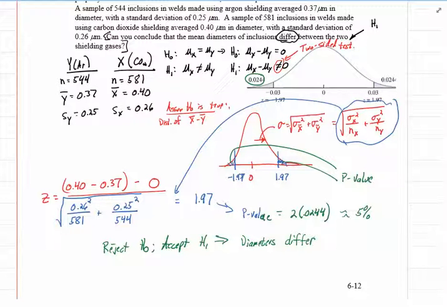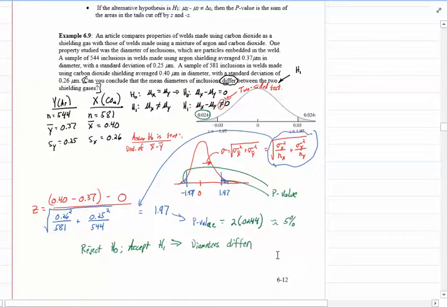Okay, before we move to the group problem, I've got a question to ask you. We set alpha equals 5%, right?